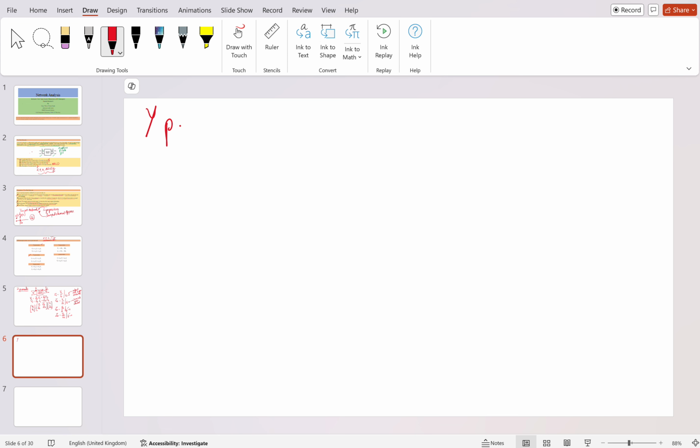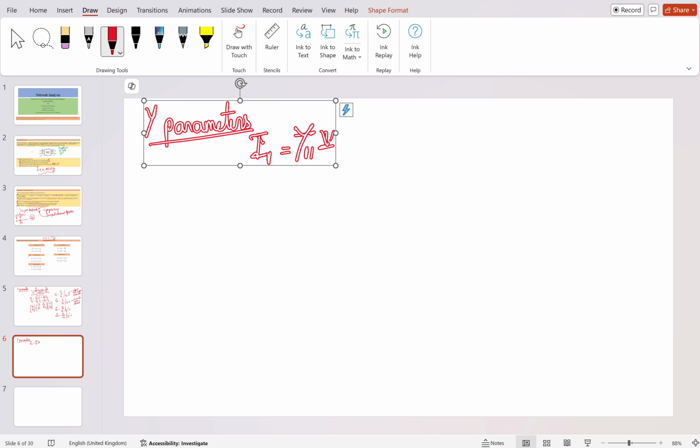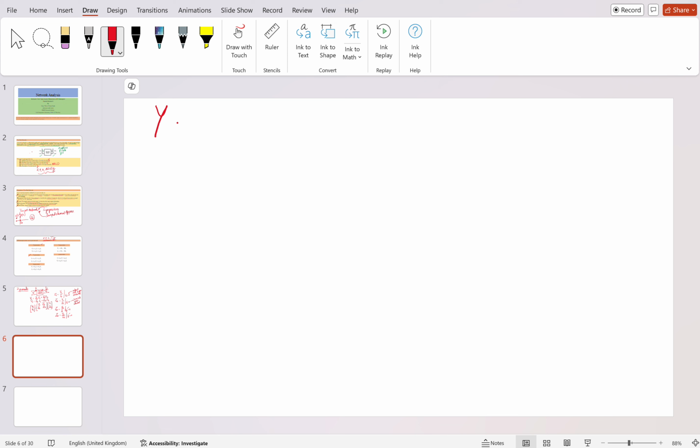In a similar manner, I1 is equal to Y11 V1 plus Y12 V2, and I2 is equal to Y21 V1 plus Y22 V2.